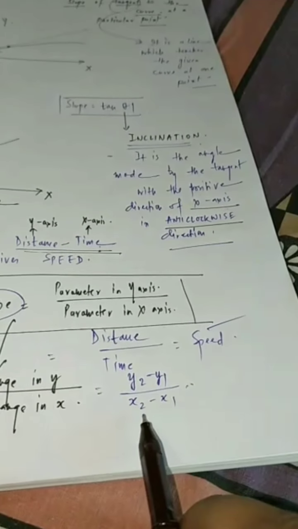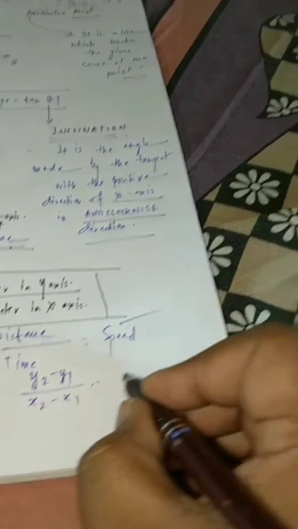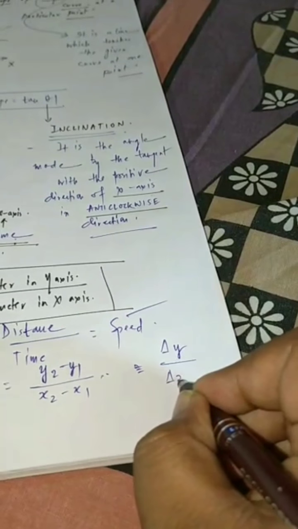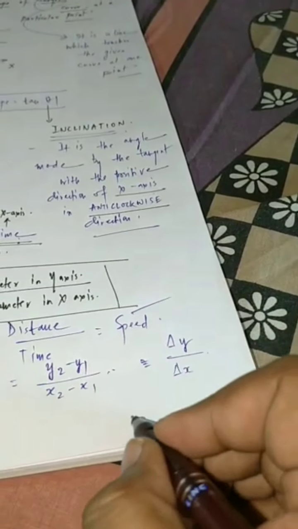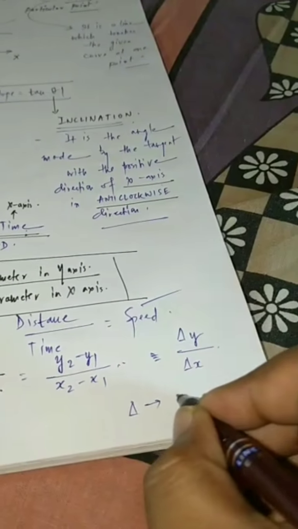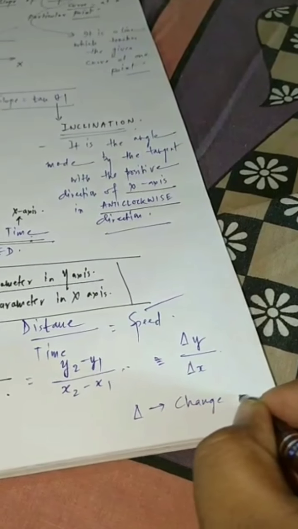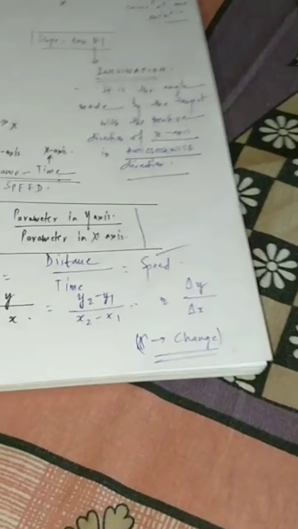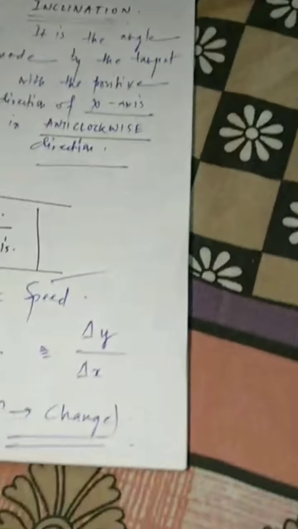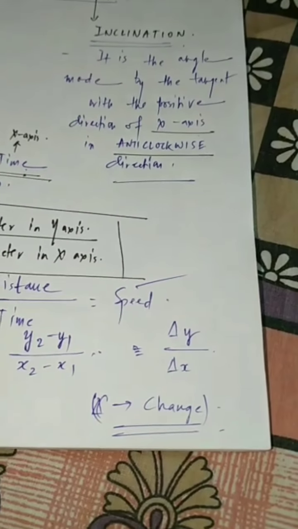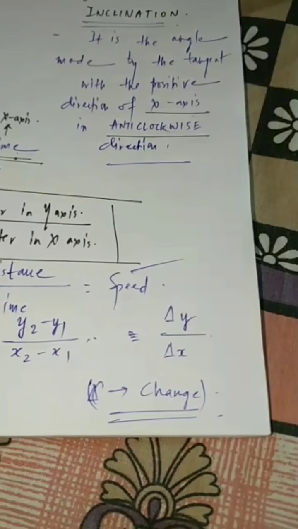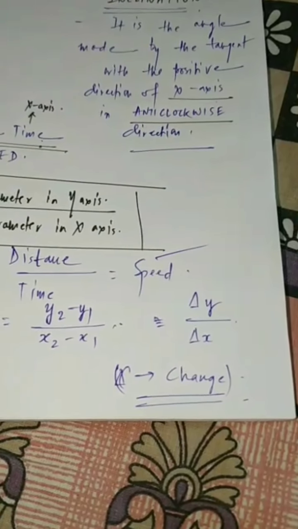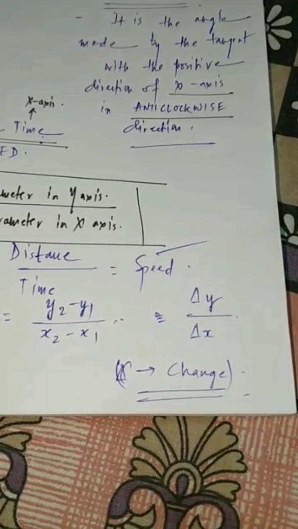This can also be written as delta y upon delta x. What is the meaning of delta? Delta means change. We'll remember that. This is the language of calculus, that whenever we want to denote some change in any parameter, we denote it with the Greek letter delta. So y2 minus y1 I have written as delta y, and x2 minus x1 I have written as delta x.